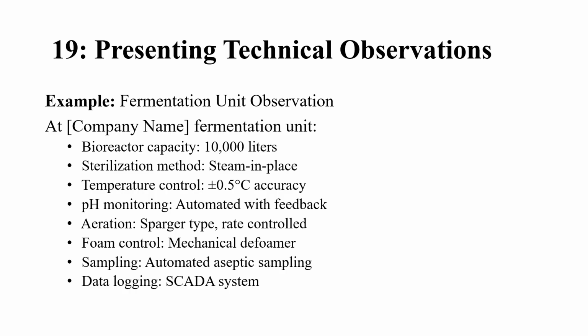Is it an automated process or the manual way? So these are the parameters you should keep in account supposing you visit some industry. So don't be blank over there, you're not there for a picnic, you're there for a purpose. Okay.